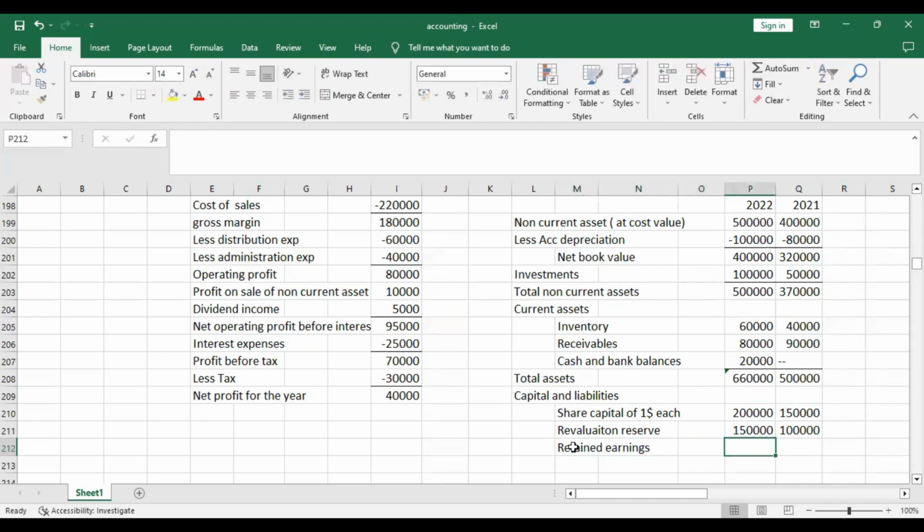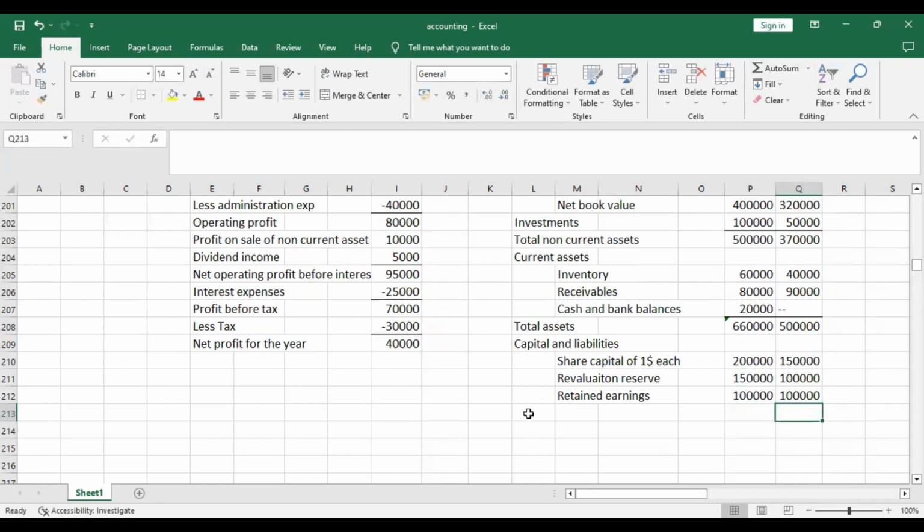Retained earnings are 1 lakh. Okay. Then non-current liabilities.